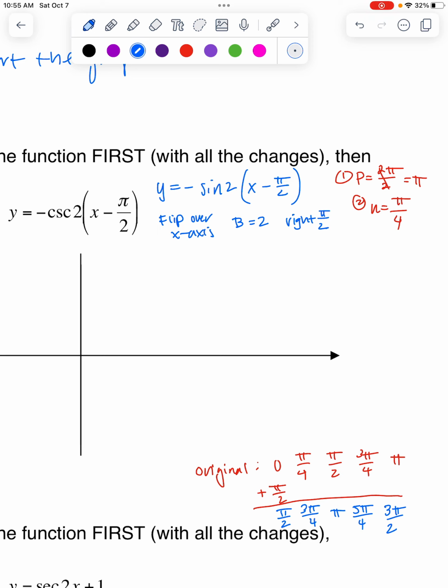Again, with these, I have to find common denominators to figure out those new values. Okay, so now I can write out my new x-axis. I have pi over 2, 3 pi over 4, pi, 5 pi over 4, and 3 pi over 2. Our amplitude is 1.